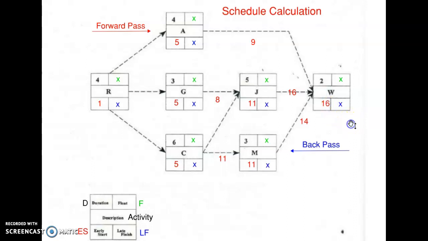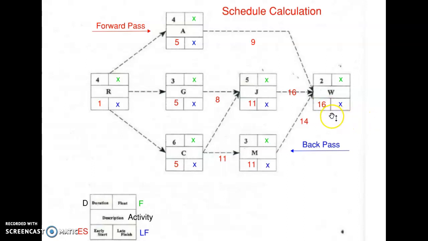M can complete after 14 days. J completes after 16 days, and A completes after 9 days. Since W cannot begin until all 3 of those are completed, I've got to use the bigger number on that forward pass.